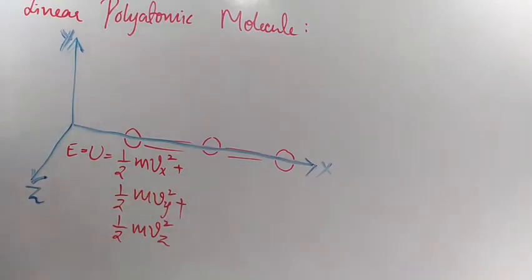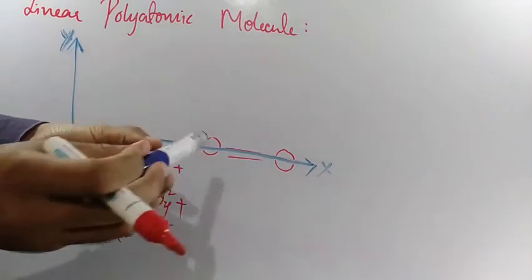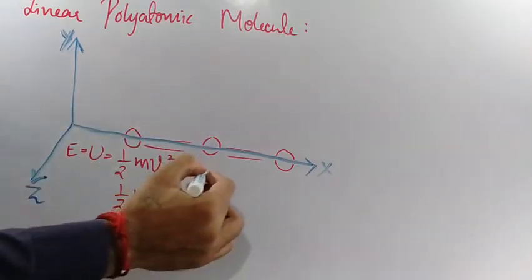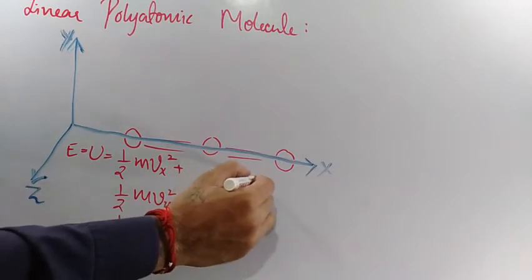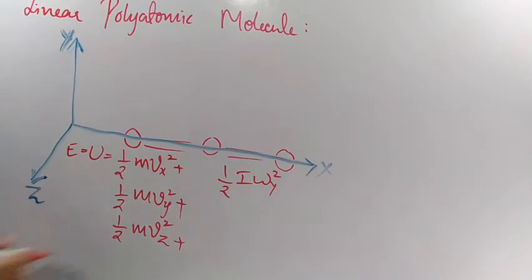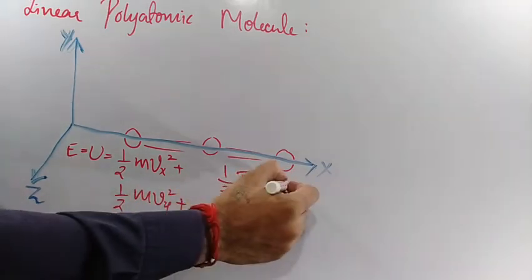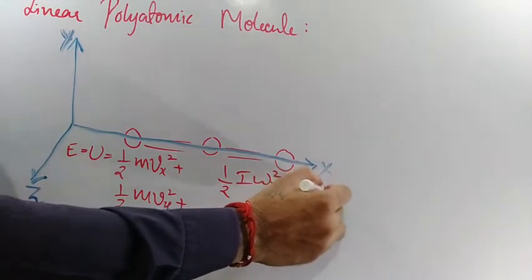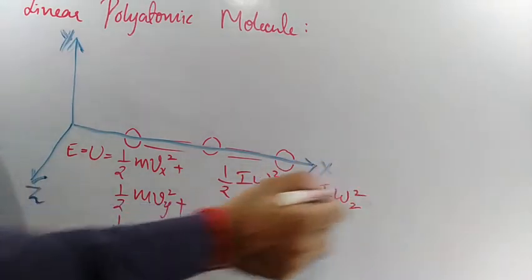Clear? Next, the rotation manner. If it is moving along the y-axis, in this manner, what should I write? Plus half I omega y square. Clear? Plus half I omega z square.